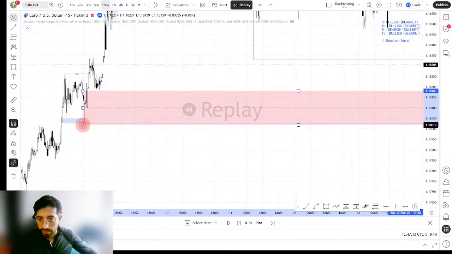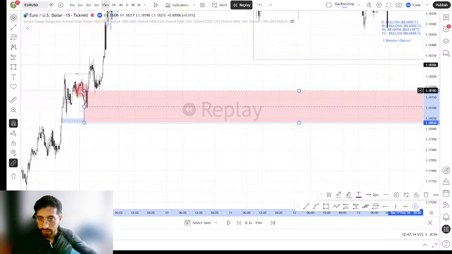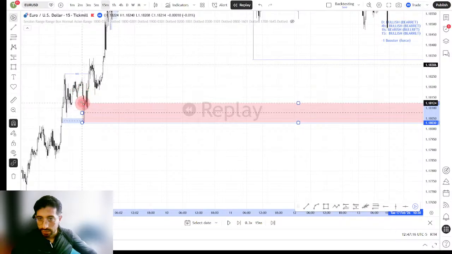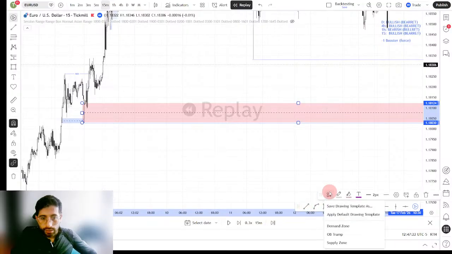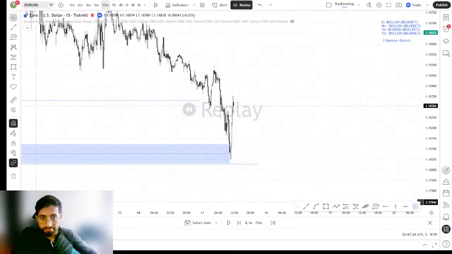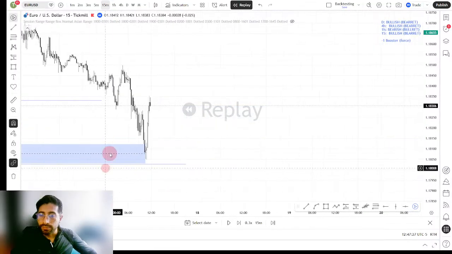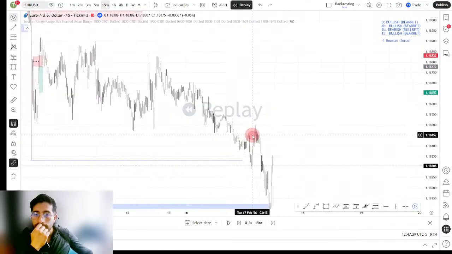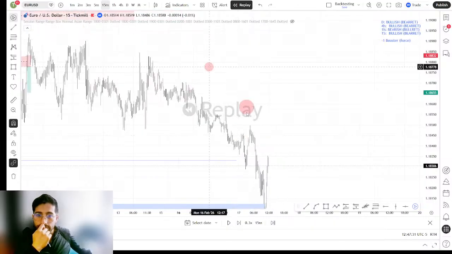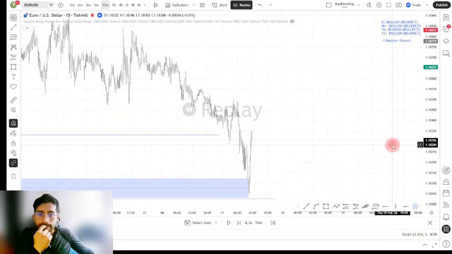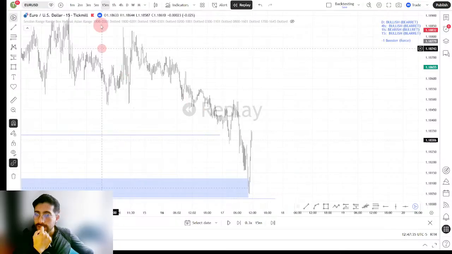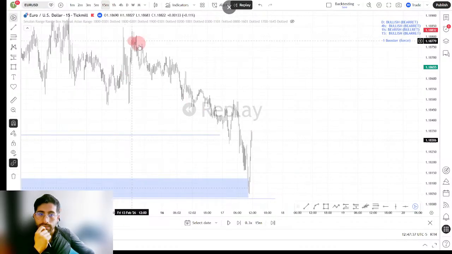No. And this one. Demand. Now it looks interesting to me to buy. Bullish retracement.